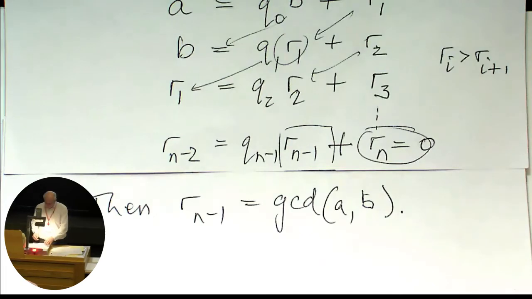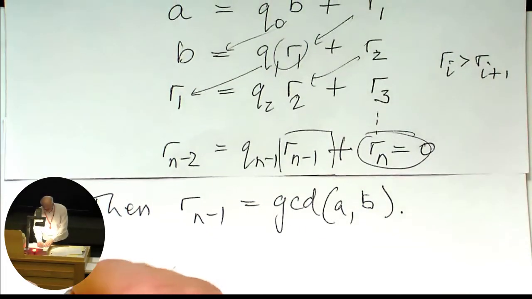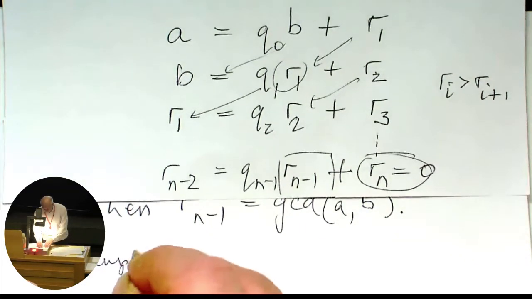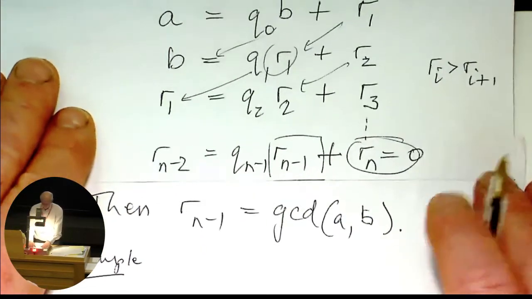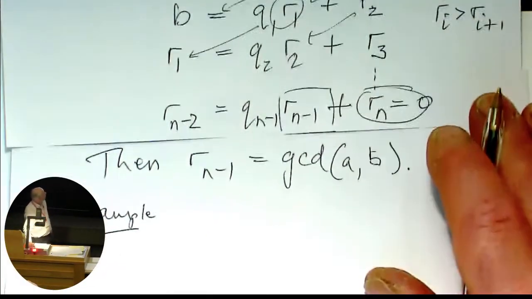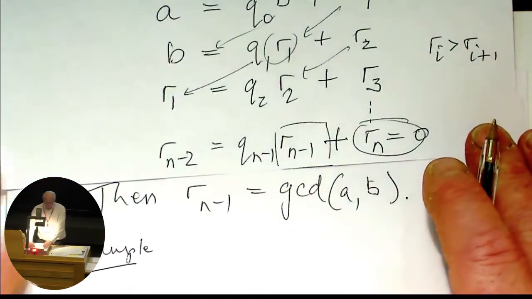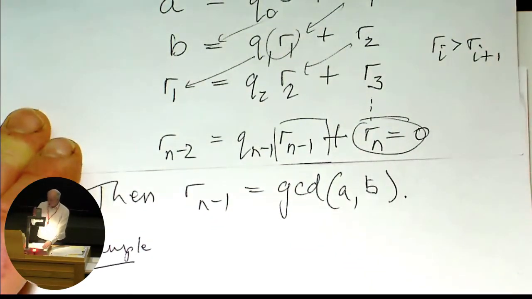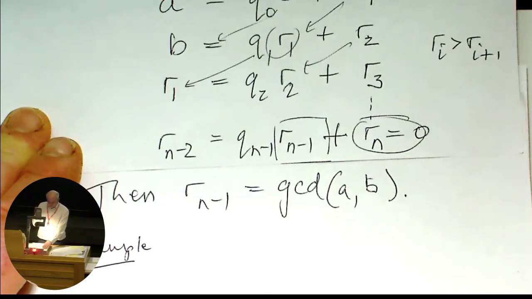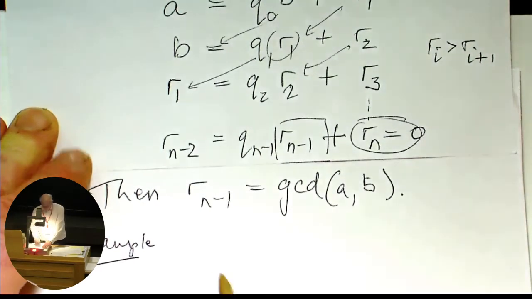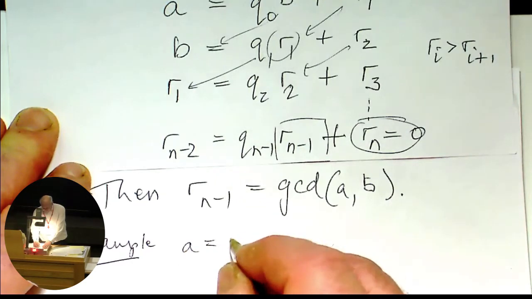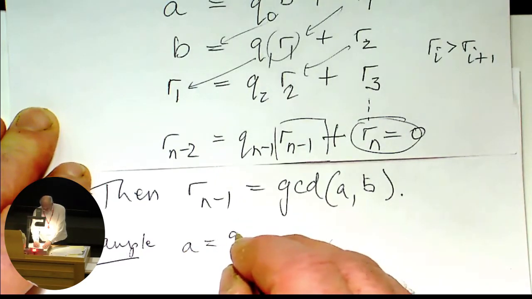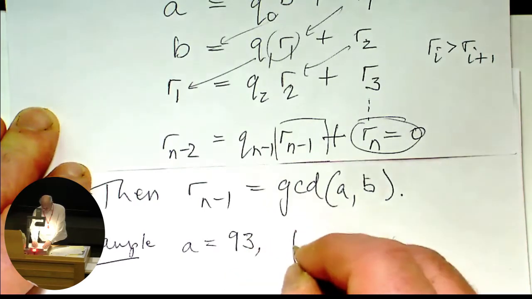Let's do an example. Let's just apply this to 93 and 33. We start with a equal to 93, always best to take a bigger than b, although it's not essential, and b equal to 33.